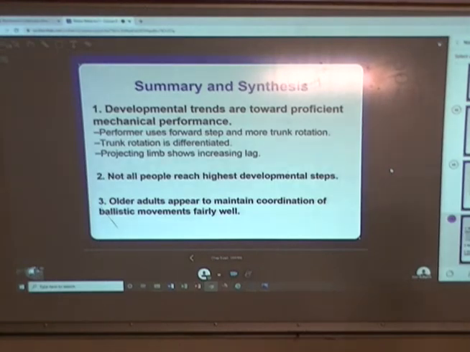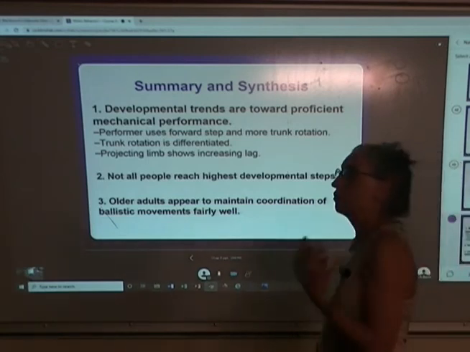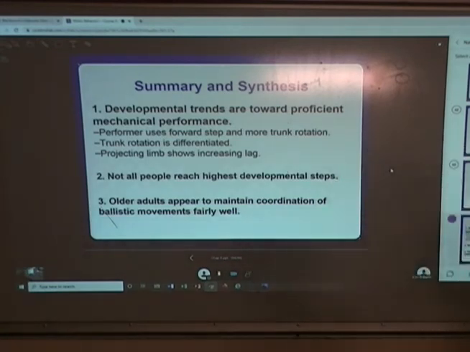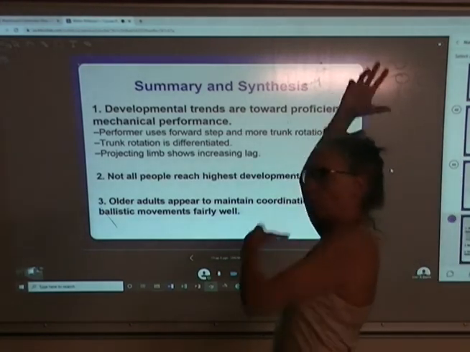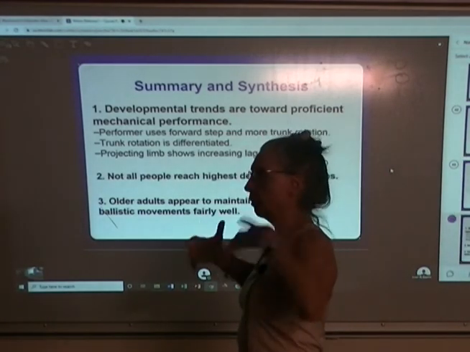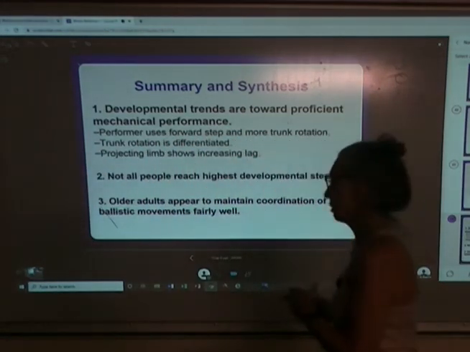We're going to look for stepping in opposition often, depending on the skill. We want differentiated rotation of the hips, the trunk, and the shoulders. Right? We want more lag on whichever bit of the body is doing the projecting of the object.